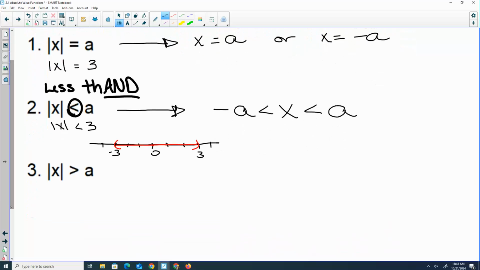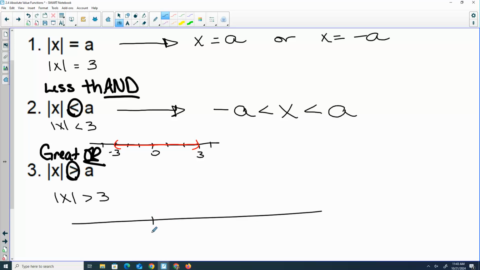When it's greater than, that's an or statement. We're actually going to get two separate pieces. If we think about that, if I said the absolute value of x is greater than 3, what that means, I want everything more than 3 away from 0.